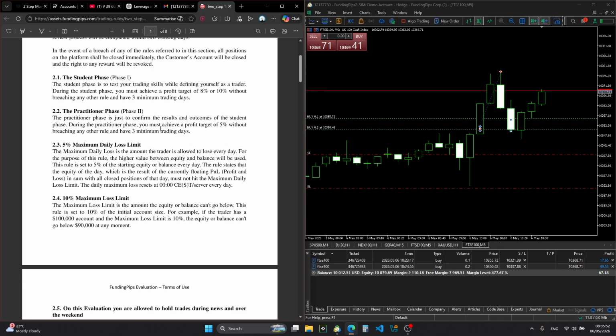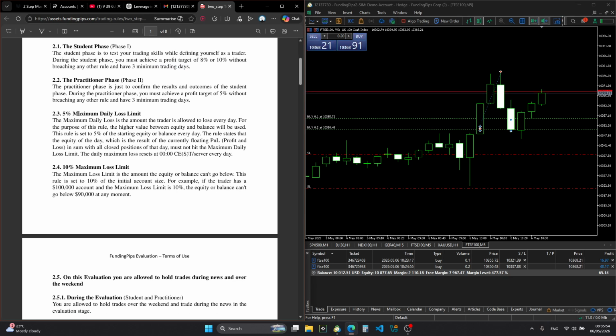Let's see what it says. 5% maximum daily loss that the trader is allowed to lose every day. For the purpose of this rule, the higher value between equity and balance will be used. This rule is 5% of the starting equity or balance every day.